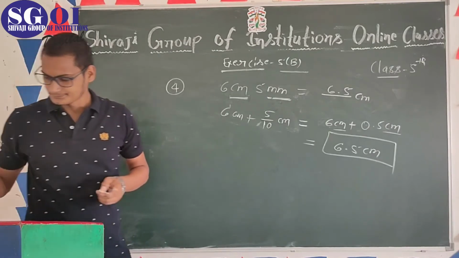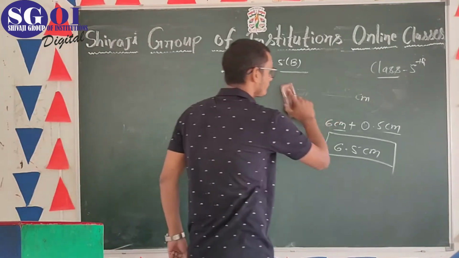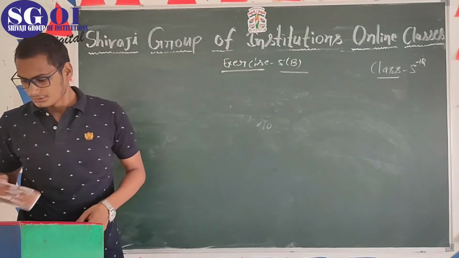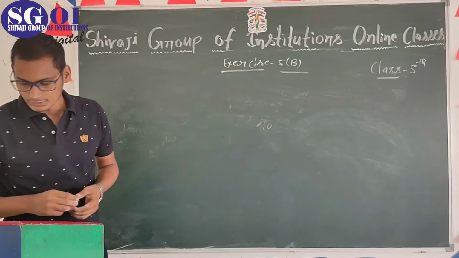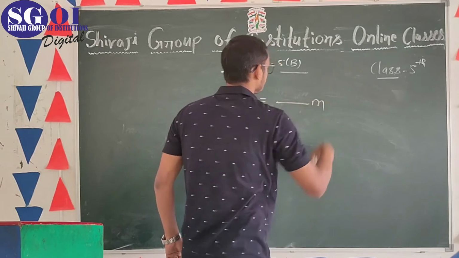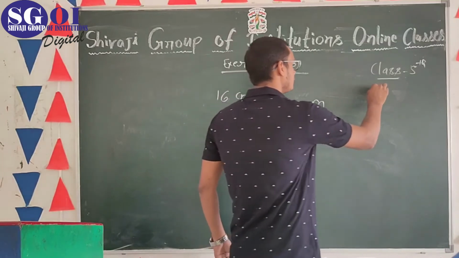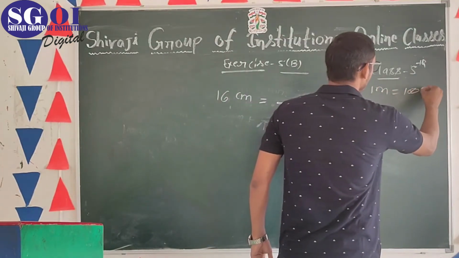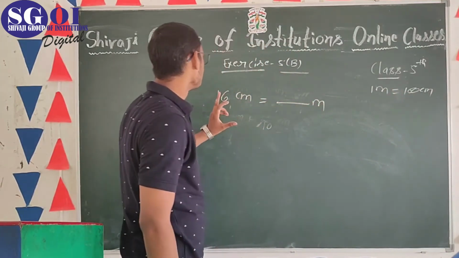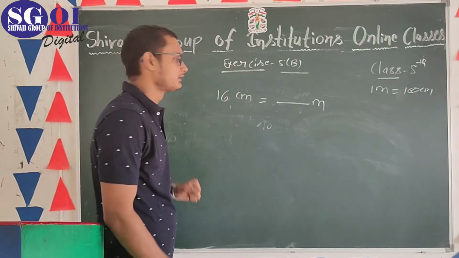Question number 5. 16 centimeter, change into meter. As you know, 1 meter is equal to 100 centimeter. When we change centimeter into meter, we divide centimeter by 100.